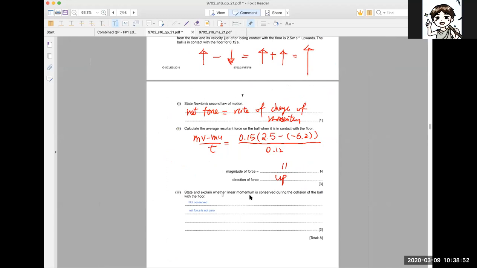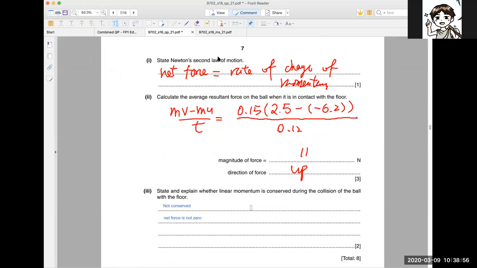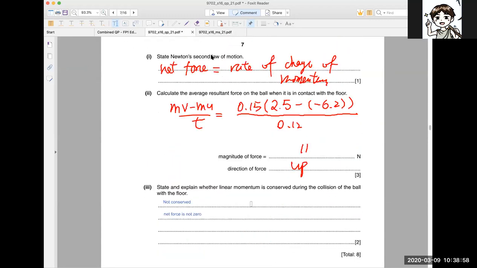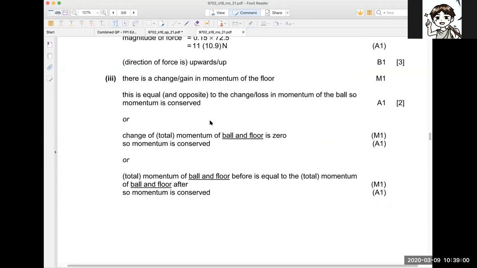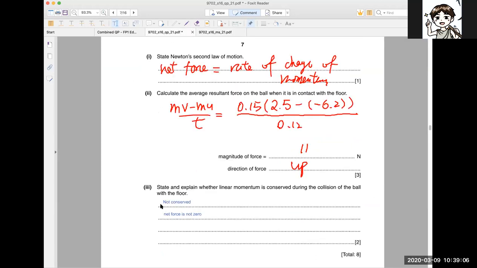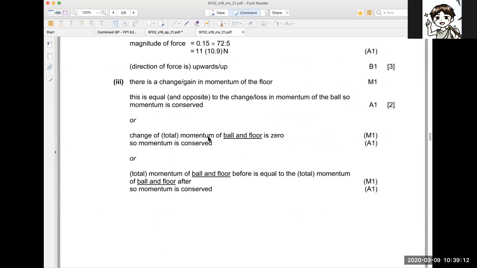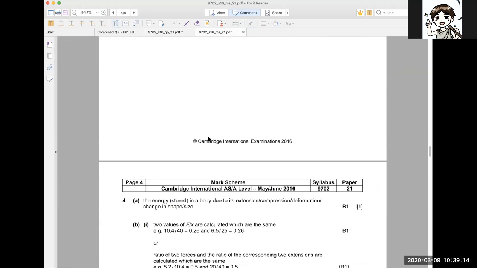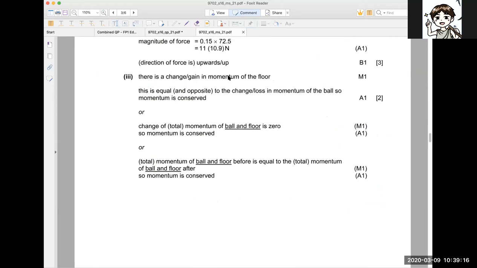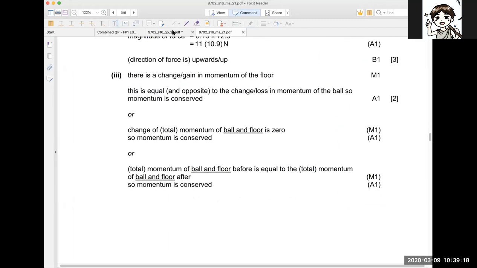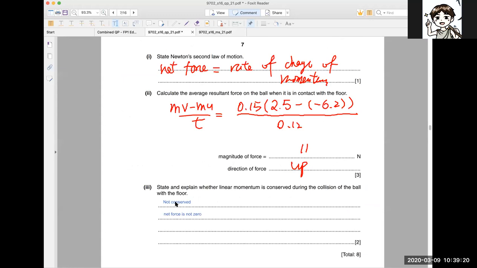But the question does not state whether the linear momentum is of the ball or the ball and the floor. So if you're just talking about the ball, you say the linear momentum of the ball is not conserved because the net force is not zero. If you are talking about the ball and the floor, then you say that the momentum is conserved.